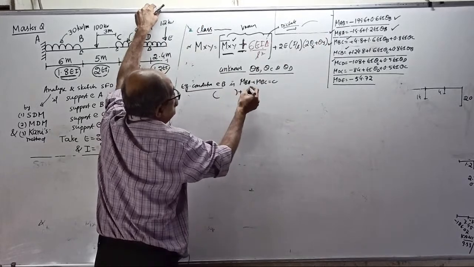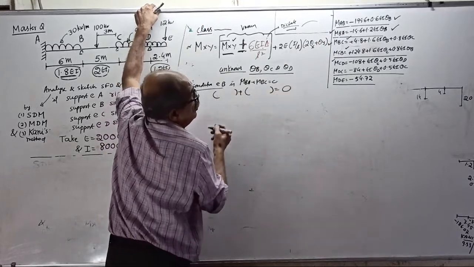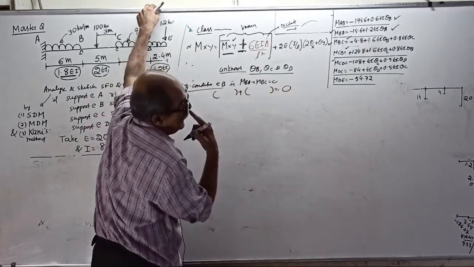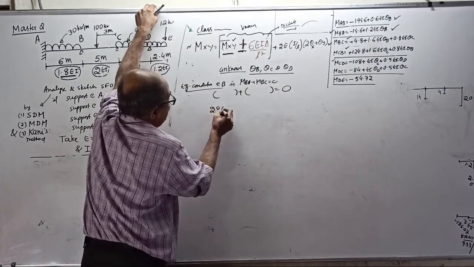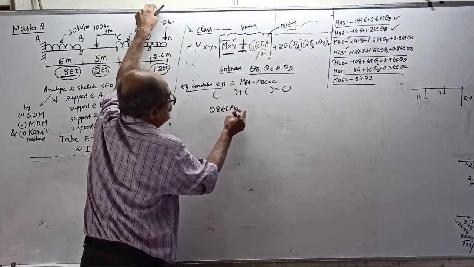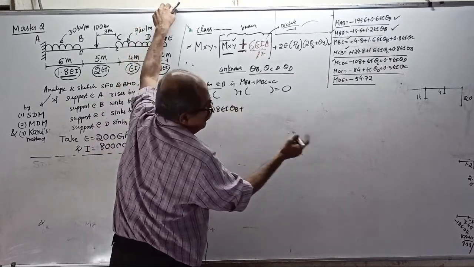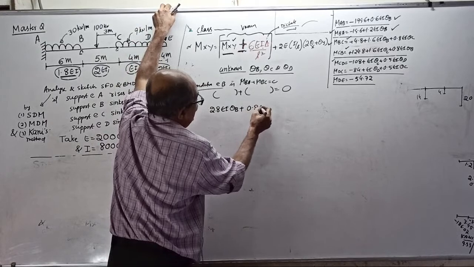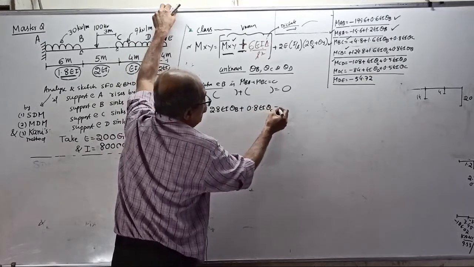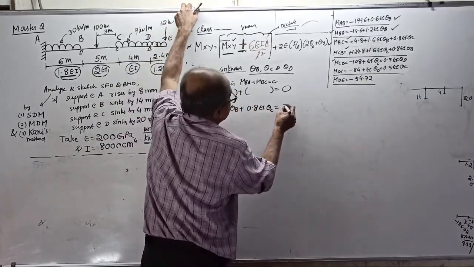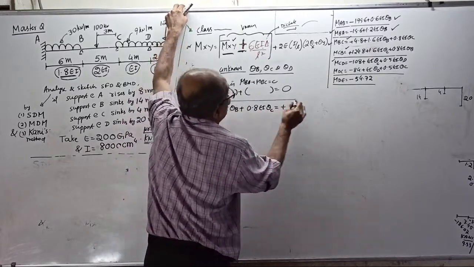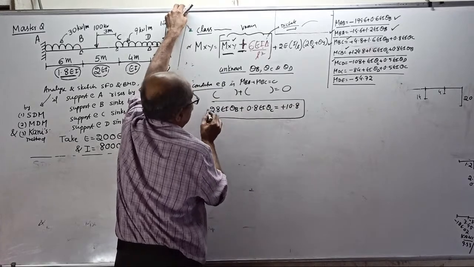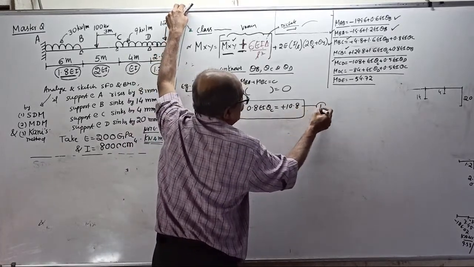Substitute those two, equate to 0, you will get 2.8 EI theta B plus 0.8 EI theta C equal to plus 10.8. This is your equation number 1.